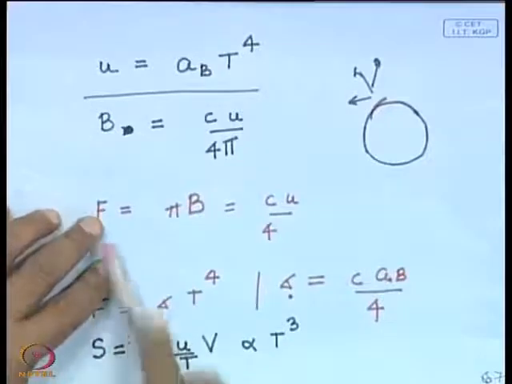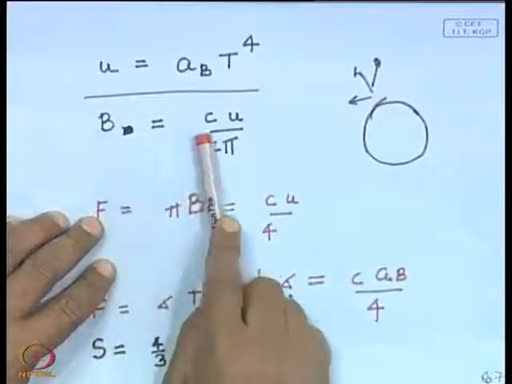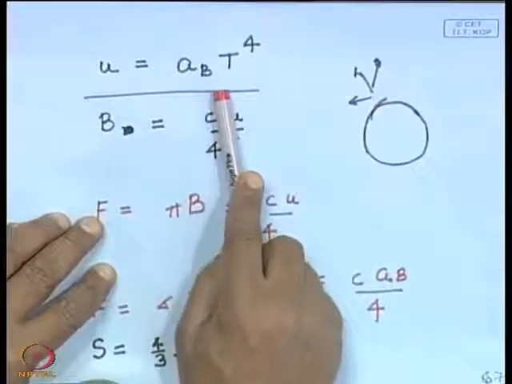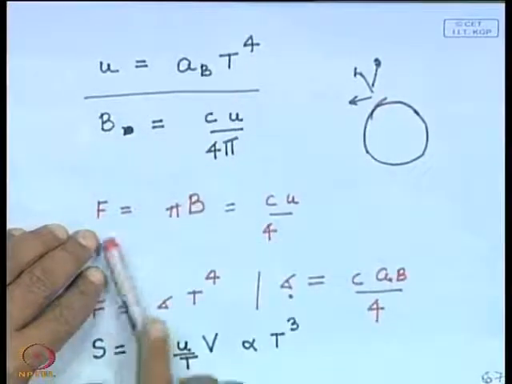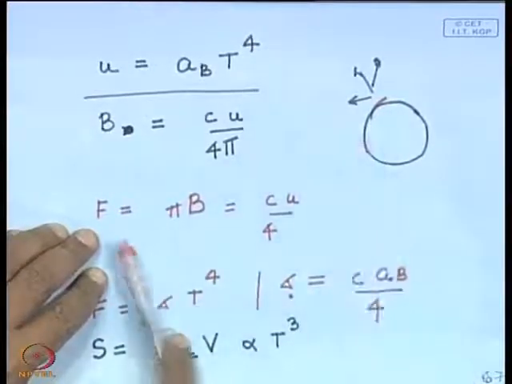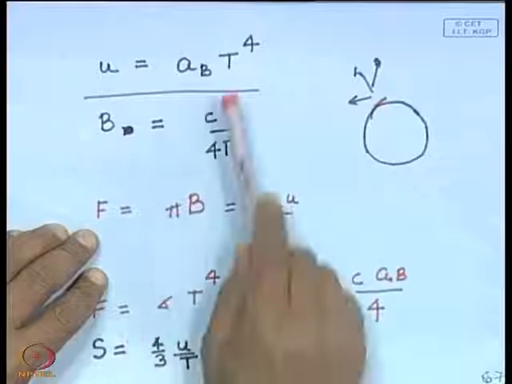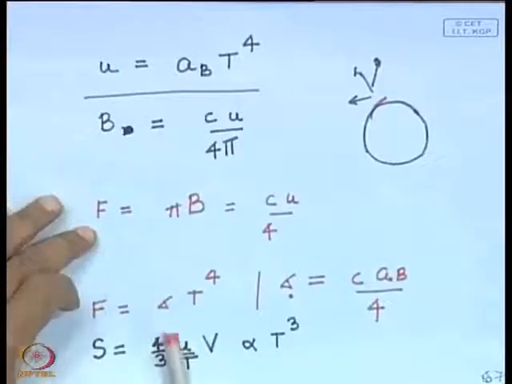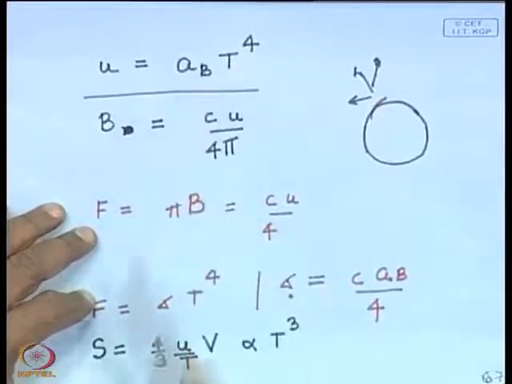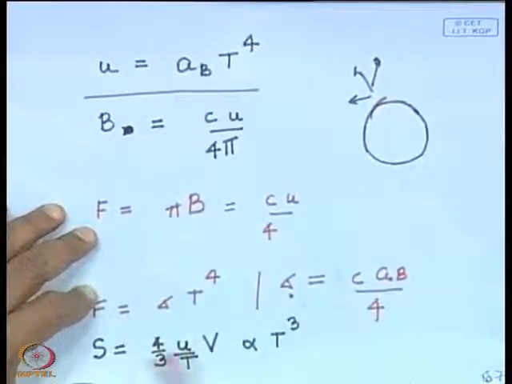The flux, the brightness, is c into the energy density by 4 pi, which also scales as T to the power 4. And the flux from any surface of a black body cavity we saw is also scaled as T to the power 4, and this constant is called the Stephan-Boltzmann constant sigma, and it is related to the Stephan constant like this. So, it is c into the Stephan constant by 4.